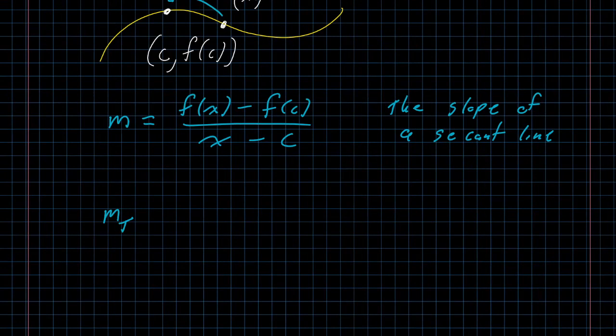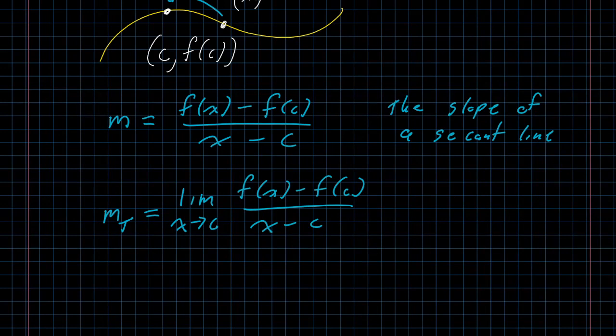M sub t, the slope of the tangent line, is going to be the limit as x approaches c of f of x minus f of c over x minus c.